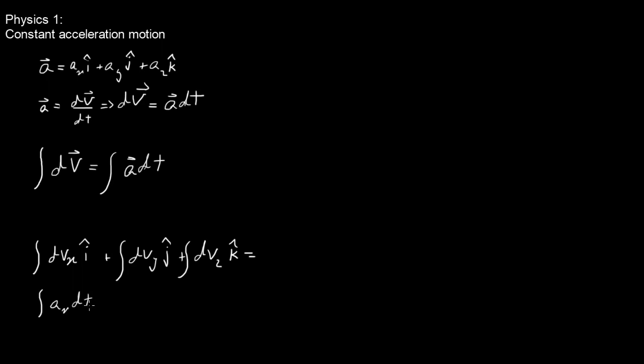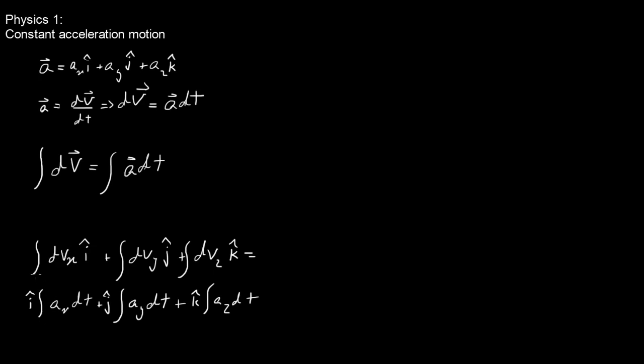So i hat is a constant, it's not a function of time, so I can take that out, plus the same for j hat and k hat, ay dt plus k hat az dt. Same here, so i hat can be taken outside.